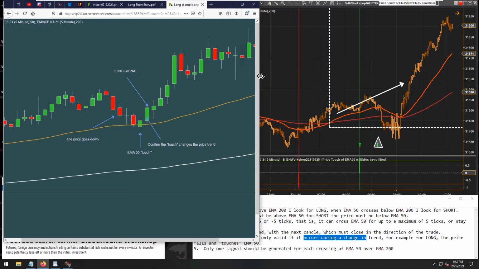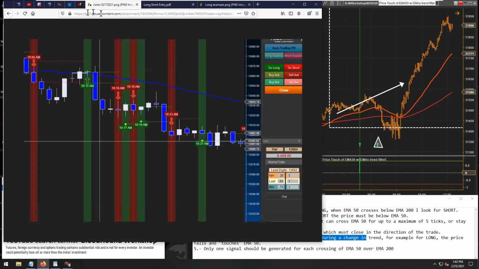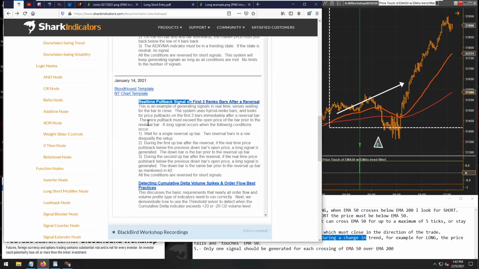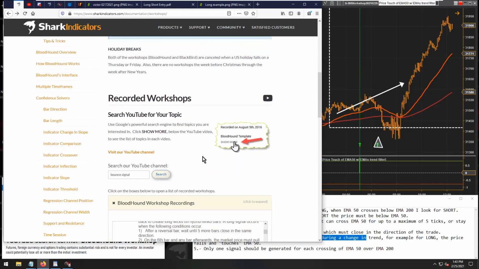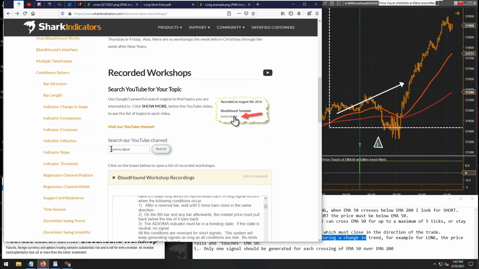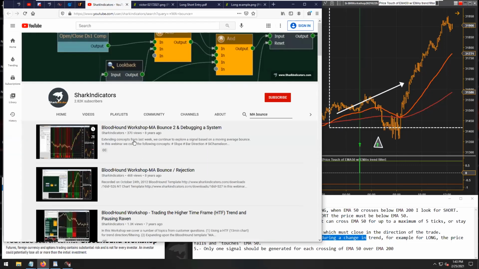So again, the instructions for Alejandro was to watch this MA bounce signal here, to understand how to define what price should be doing before the bounce.